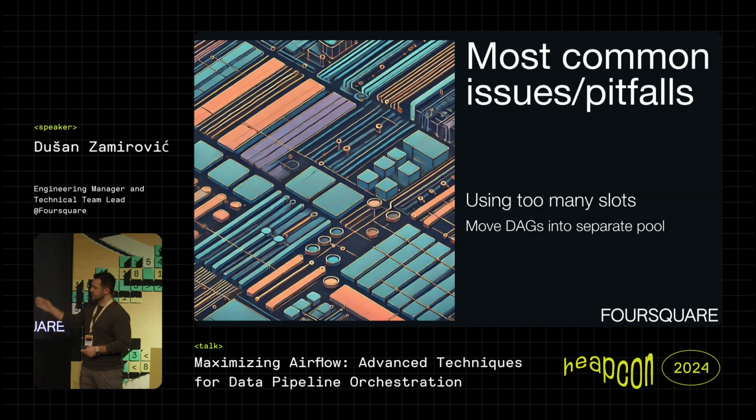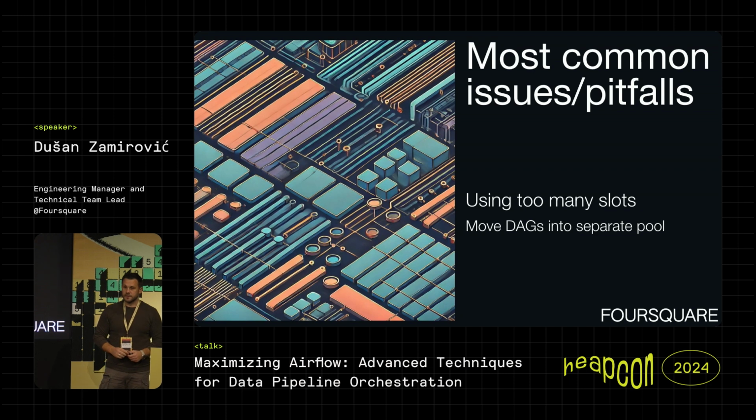But if you, for example, say that the default pool has 1,000 slots, and then you are writing your DAGs so that they are running multiple tasks at the same time, or you have tasks that are using more than one slot at the same time, or you have a DAG that is really complex and runs many times in parallel, you might get into a situation where you are using many slots at the same time.